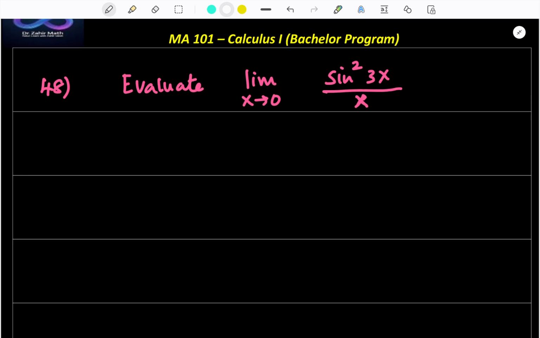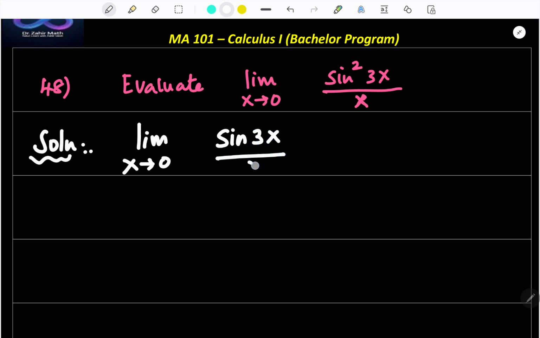Let's go to the next question, right? Limit x tends to 0, sine square 3x divided by x. The same idea. Let's go to the solution. Limit x tends to 0, sine square 3x. So I'm writing sine 3x divided by x, and I'm writing one more sine 3x, right? Yes. So now what I'm going to do, I need the angle 3x here.